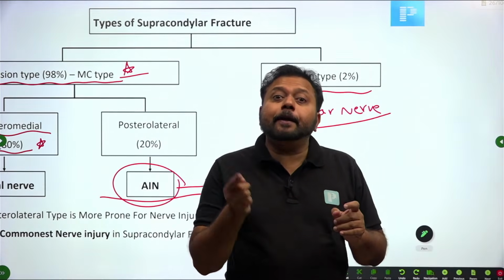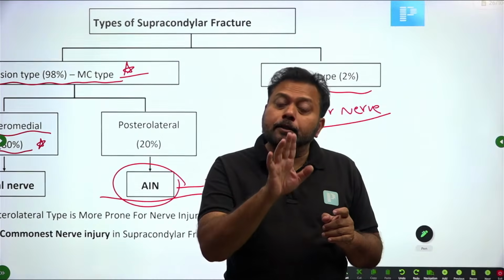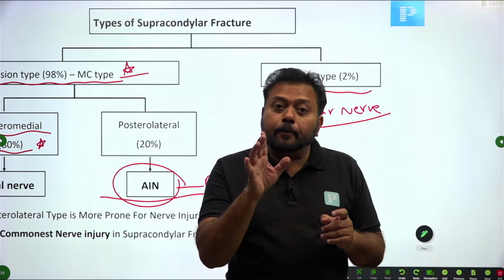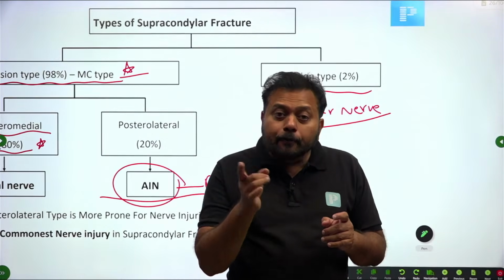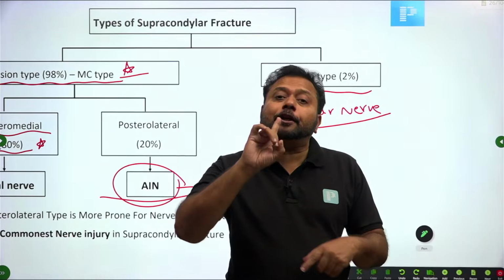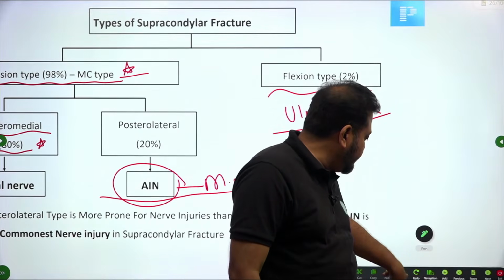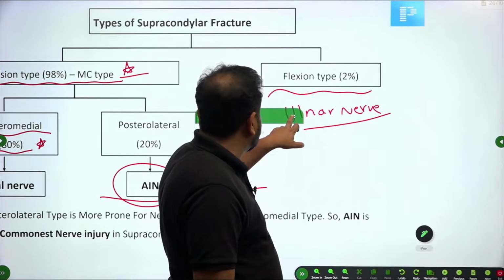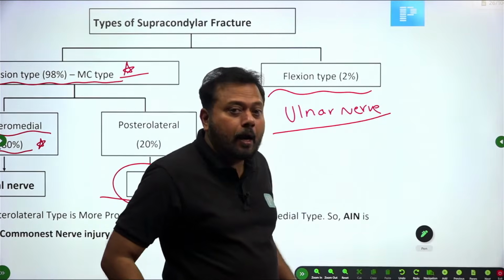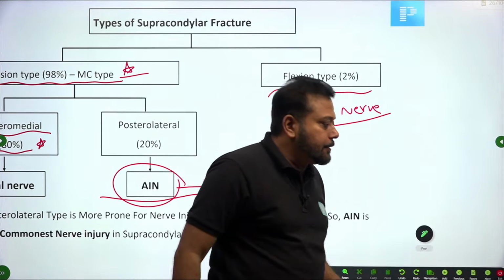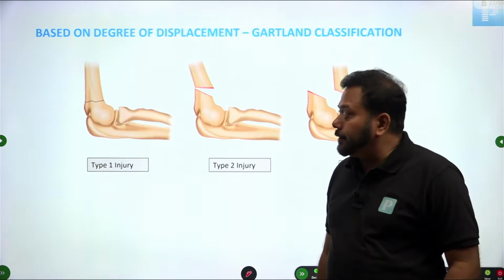If they specifically ask, and once they had asked this question, rarest type, it is flexion. The nerve that is most commonly involved in flexion type of supracondylar fracture, then the answer is totally different. It is ulnar nerve. We will move on to the next thing.